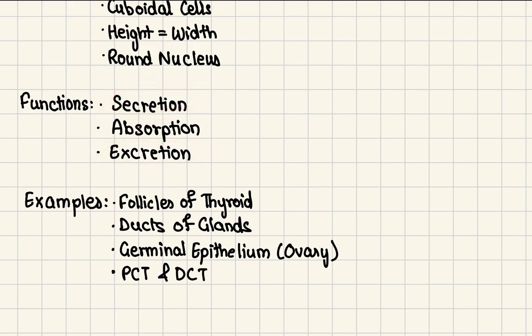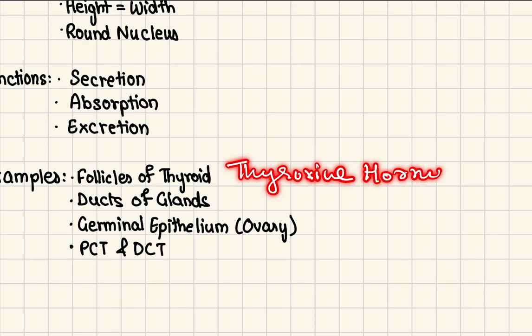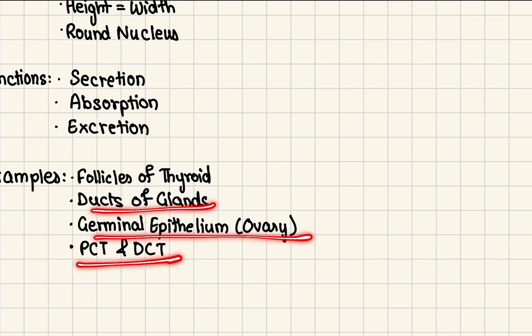So the major examples for this will be the follicles of the thyroid that secrete the thyroxine hormone in the colloid, the ducts of the glands, germinal epithelium, PCT and DCT. This is where you will find it.